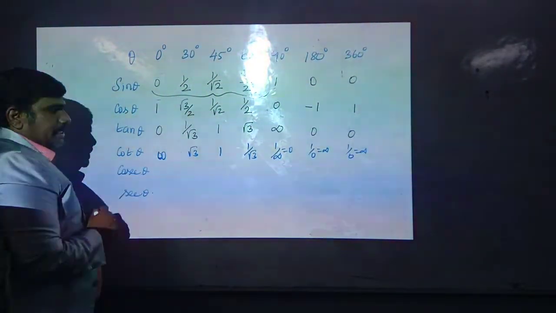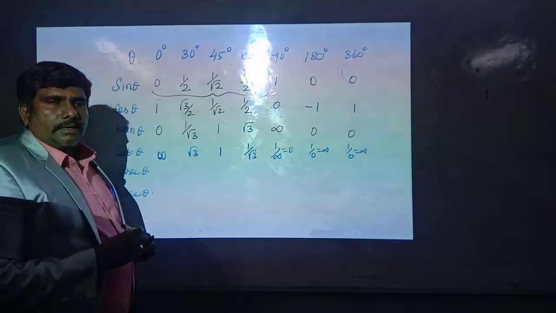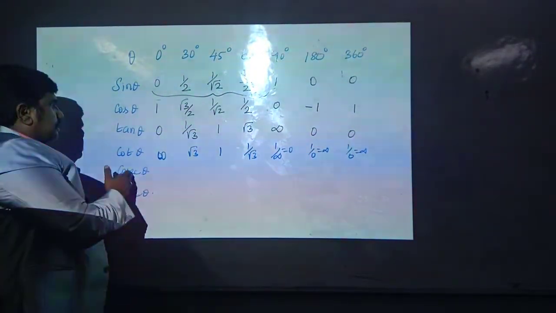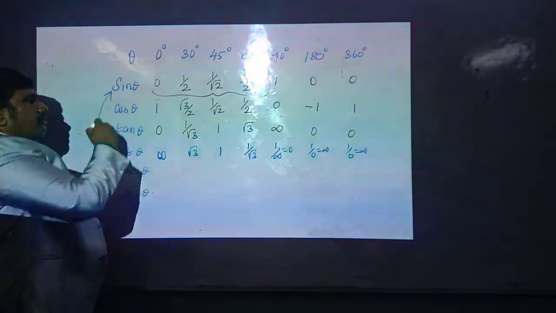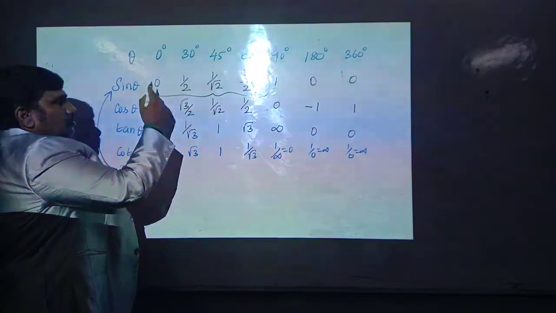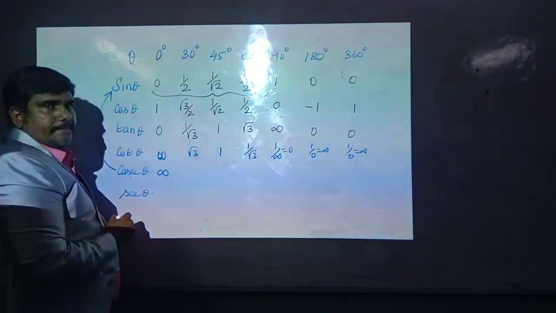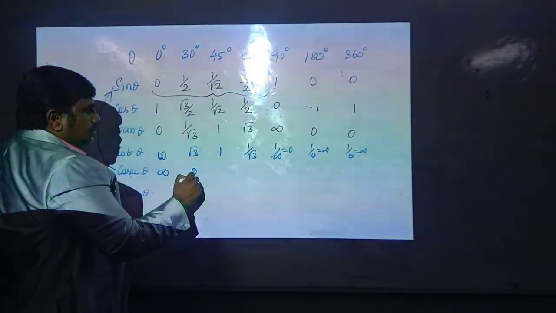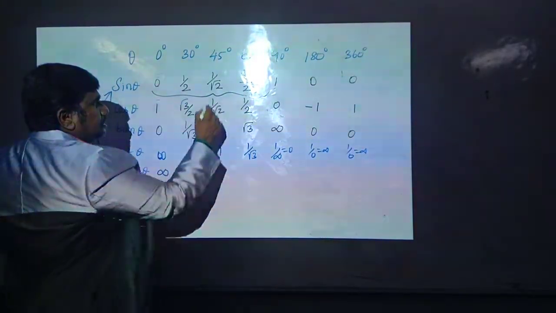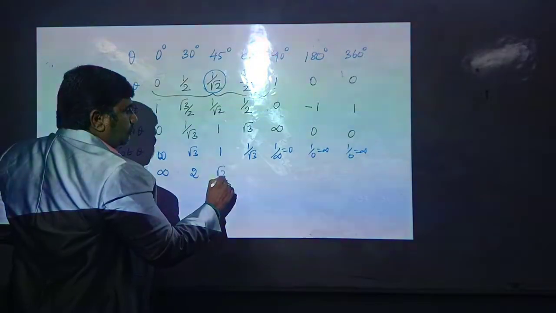Now coming to cosecant. You know the relationship between cosecant and the first three ratios, right? Cosecant is nothing but the reciprocal of sine theta. So cosecant 0 means sine 0's reciprocal, that becomes infinity. Then reciprocal of 1 by 2 is 2, and for cosecant 45, the reciprocal of 1 by root 2 becomes root 2.